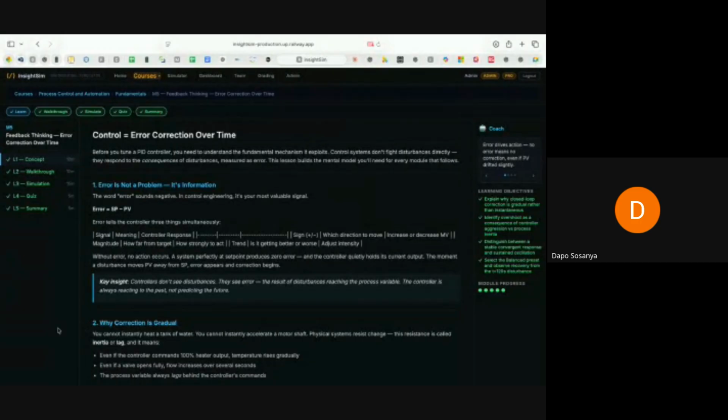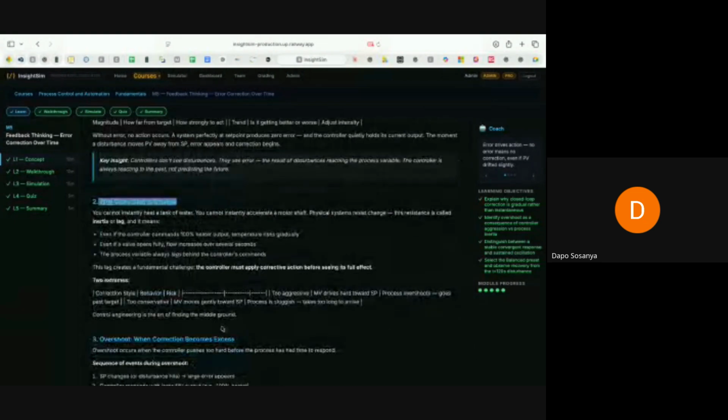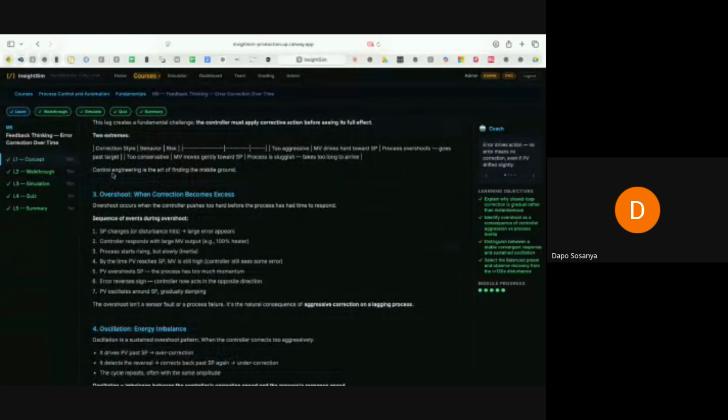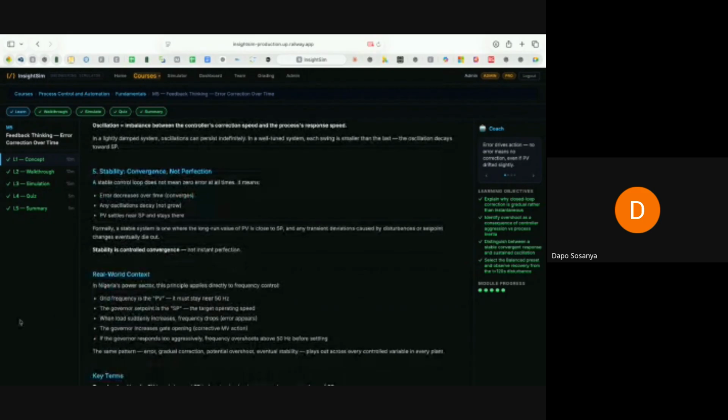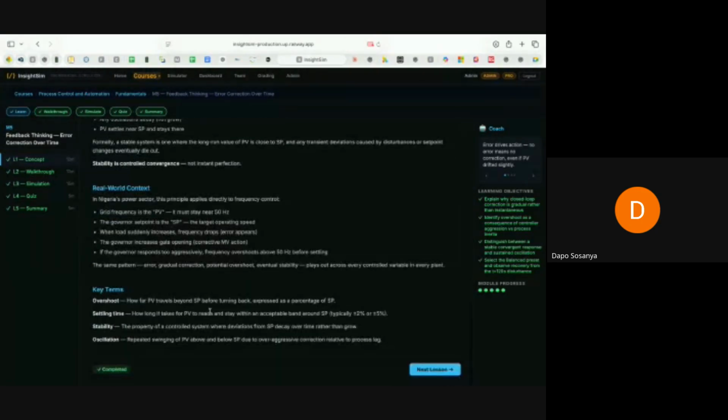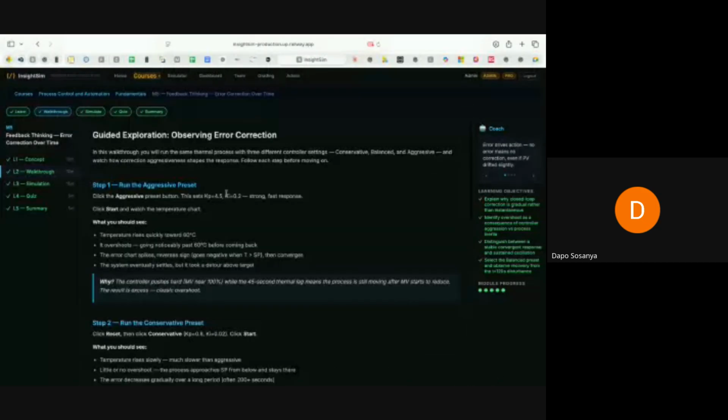We'll look at what error is, that error is information, and why correction is gradual. Then we'll look at overshoots, oscillation, which is energy imbalance, stability, and then the real world context, and the key terms. Then we'll do a walkthrough.